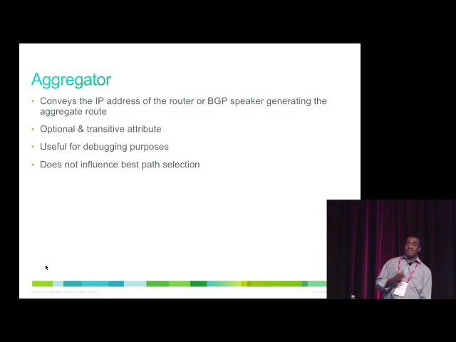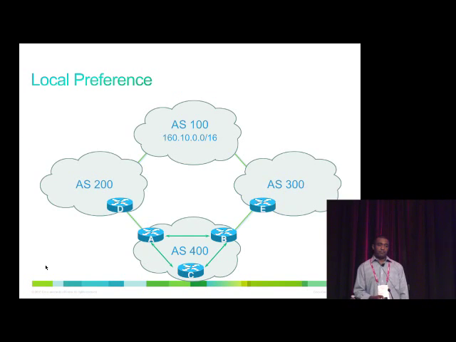In that case, when a BGP router aggregates routes, it has to convey the router that aggregated that route. So it puts its IP address as an aggregator to that route. Local preference, this is very important. It's used for influencing how traffic exits the network.